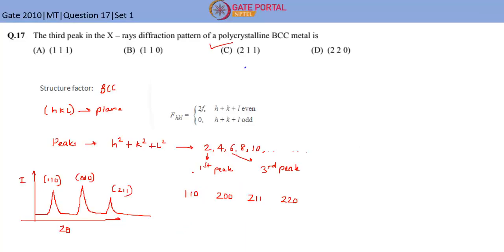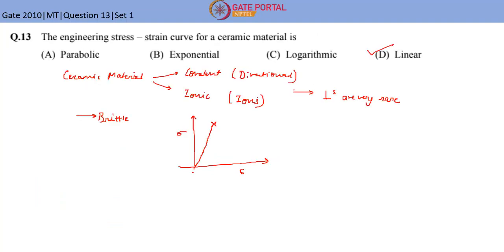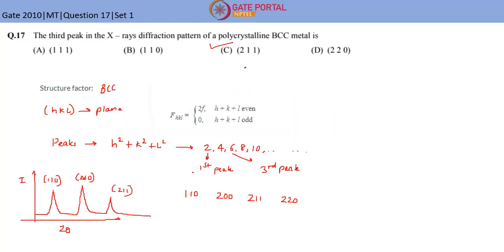So I will try to summarize this session. Here we dealt with X-ray diffraction problems, where one problem was to calculate a peak. They can give you any peak, like the second or third peak, in BCC, FCC as well as HCP materials.